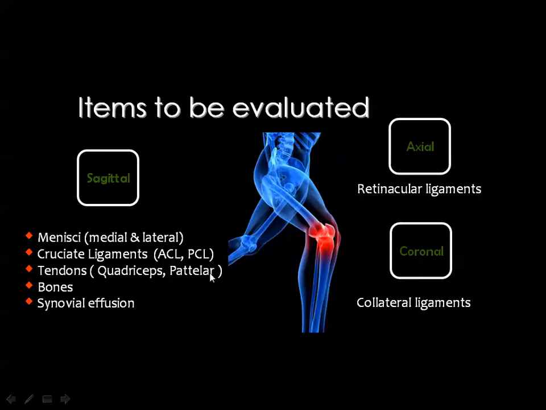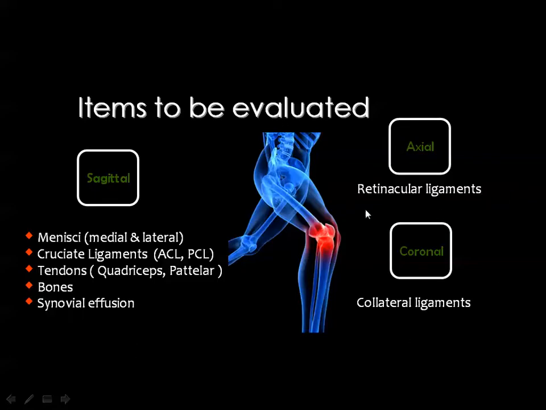Then you know that in the knee joint we have the medial and lateral menisci, the cruciate ligaments, the anterior and posterior cruciate ligaments, the tendons, the quadriceps and the infrapatellar tendon, the bones, including the femur, tibia, and fibula, and also we have the synovium if it collects fluid, and then we have synovial effusion.